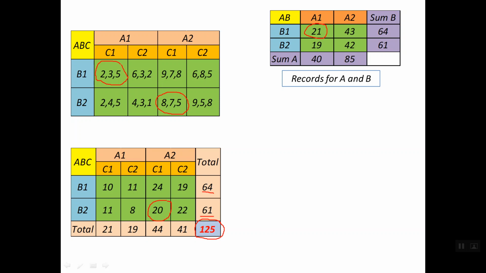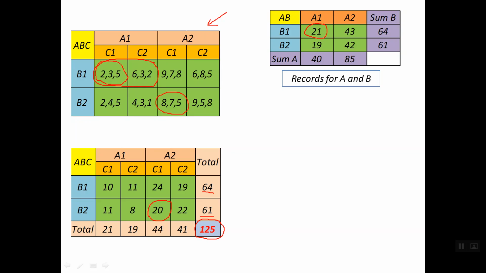And A1, B1 from the main table here is simply all of these observations. So the totals here are 2, 3, and 5, which is 10, and 6, 3, 2, which is 11. So the total is 21. And the number of observations for A1, B1 is 3 in this group, and we have 3 observations in this group. So we have 6 observations.